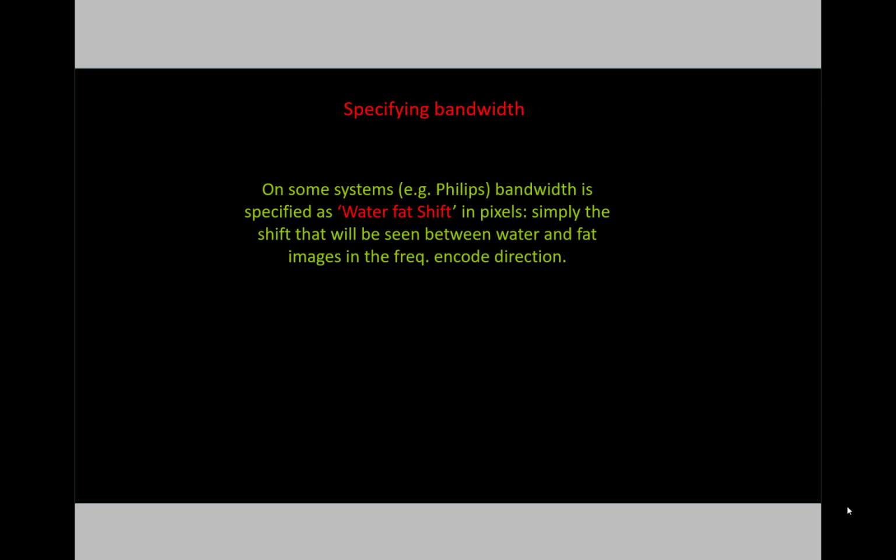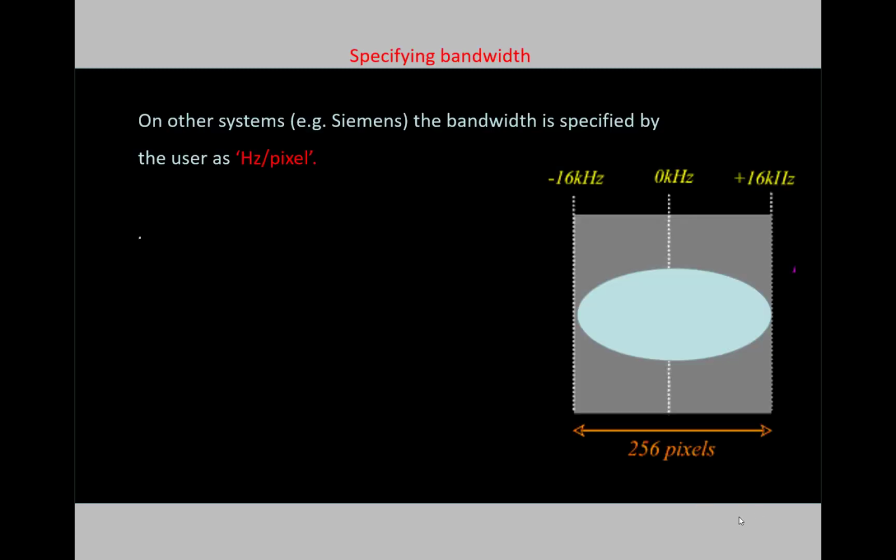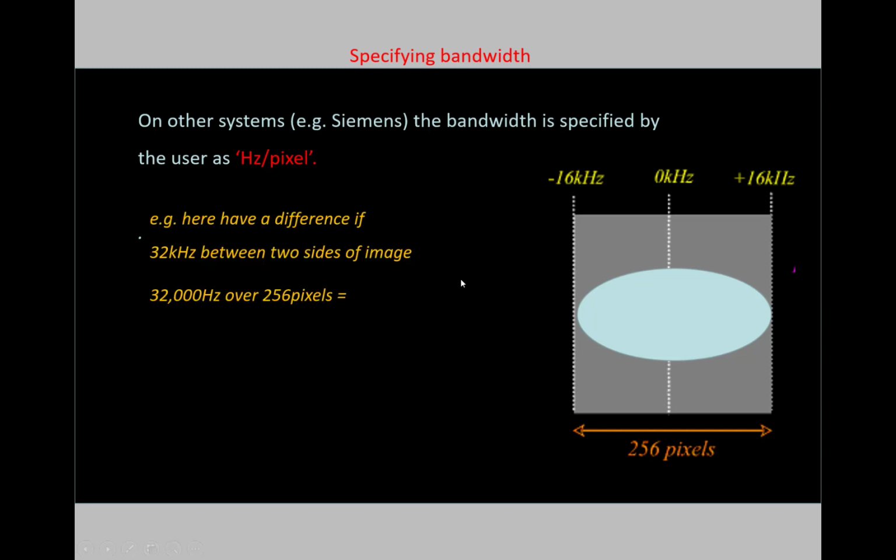On other systems, the bandwidth is put in maybe a more physics kind of way, where we specify bandwidth in terms of hertz per pixel. So what does that mean, or how does that look? So say on one of these systems we have a setup like this, and from what we've seen before, we're going to have a certain bandwidth across our image. In this case, just as an example, we've got a bandwidth of 32 kilohertz across our entire image.